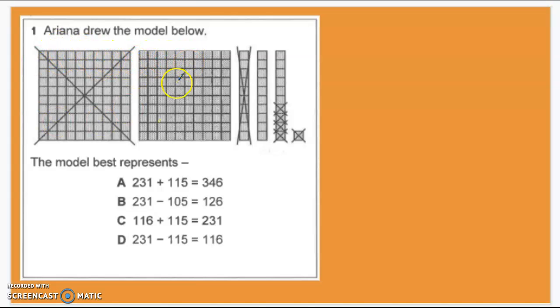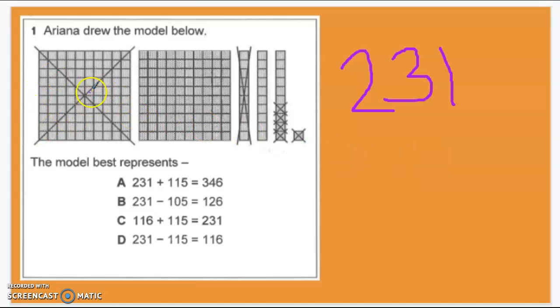All right, I have a total here. So my starting total was 200, 10, 20, 30, 1. 231 is what you have here all together if you took away the X's that are representing those pieces being gone.